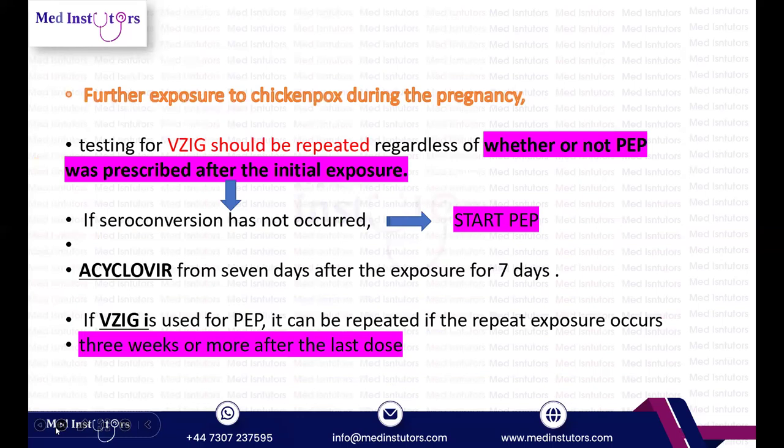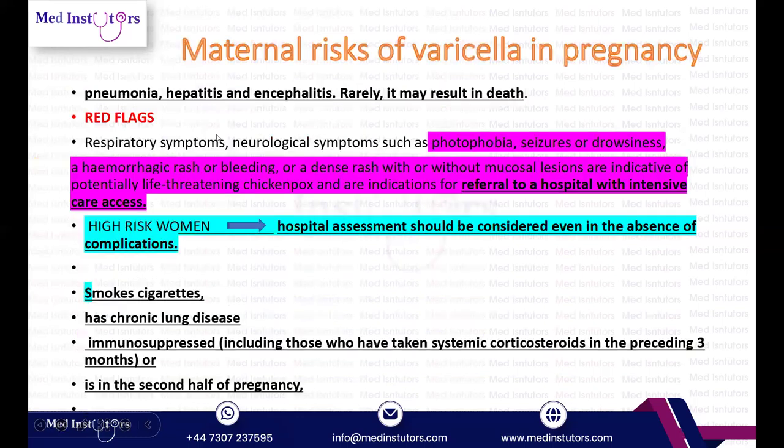Okay, so the exposure we have done. Now see why it is very important to educate that woman so much about chickenpox. Why it is important to give them post-exposure prophylaxis at any period of their pregnancy. Why it is important to treat their chickenpox so vigilantly.